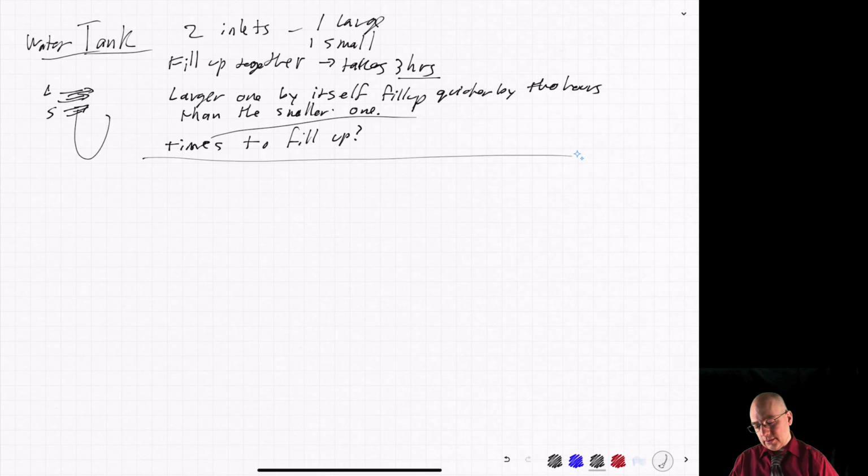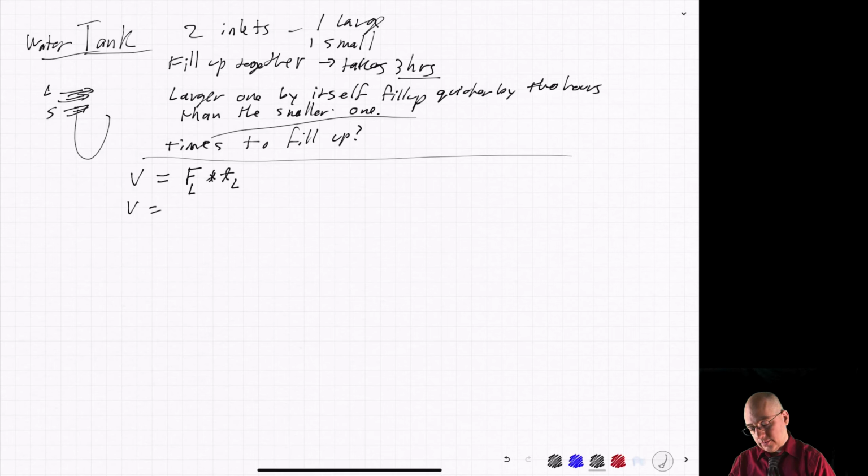But what's the idea here? The idea is that the volume to fill up is equal to the flow rate of the large one times the time of the large one.